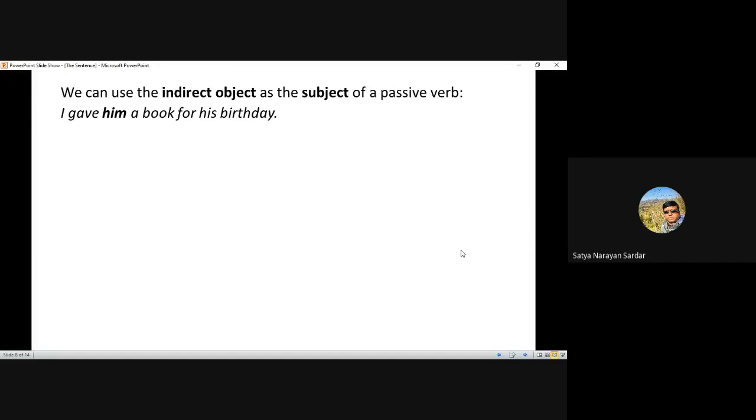So, what is the action of giving connected to, him or a book? Book, I think. Yeah, book. So, book is the direct object and him is the indirect object. Clear?